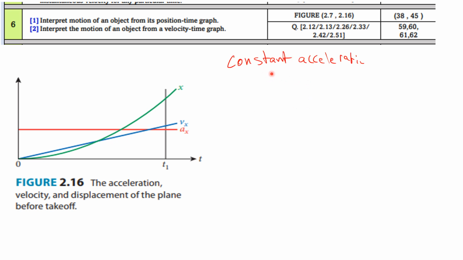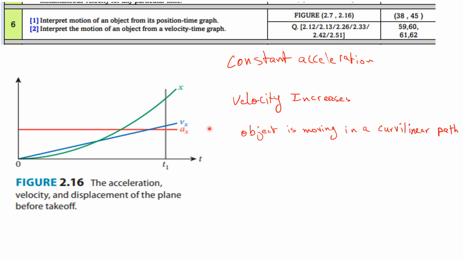So first step, because we have constant acceleration, the same value all the time, in this case the velocity has to increase. It's a must. So when we have a constant acceleration, velocity has to change linearly, according to a line. In this case, it increases.